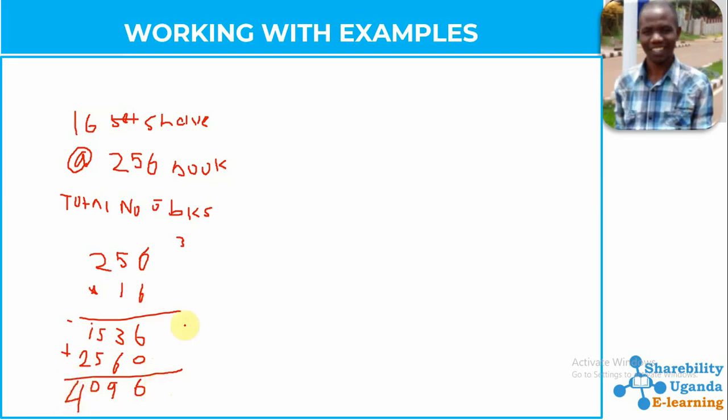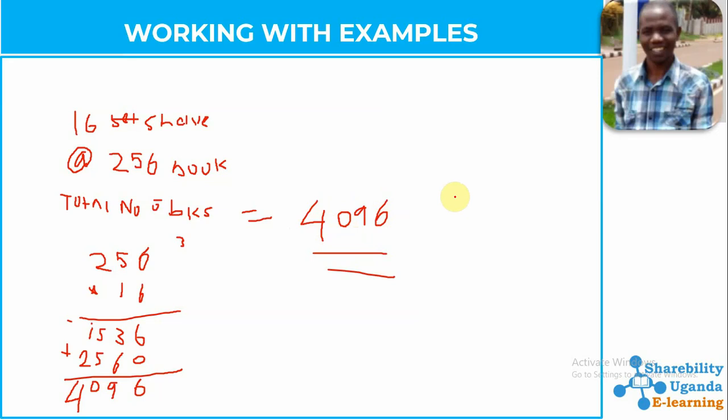So in simple terms, the total number of books within our library is 4,096 books.